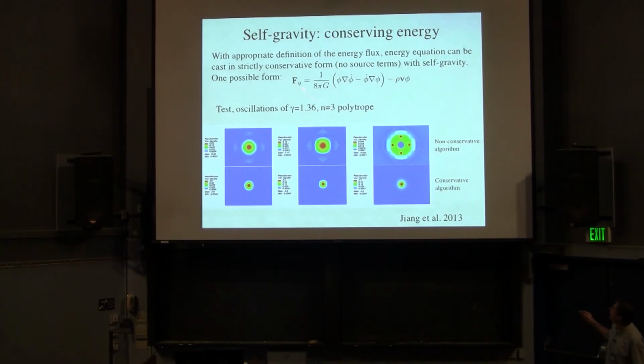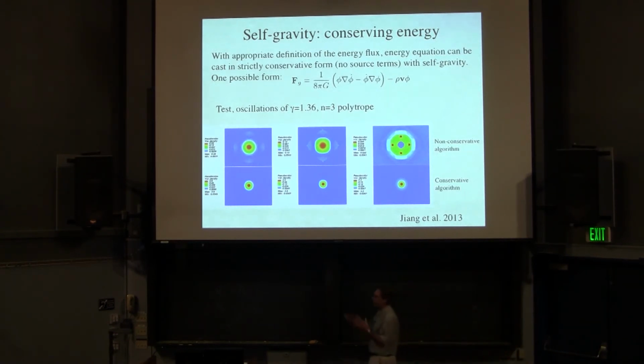Now, if you look at it, it's a little bit ugly. It involves the gradient of the time derivative of the gravitational potential as well as the time derivative of the potential. But in principle, when you solve Poisson's equation in a discrete fashion, you can calculate both phi and phi dot, and you can calculate this energy flux, and then you can add it directly as a divergence to the system. And it does make a difference.